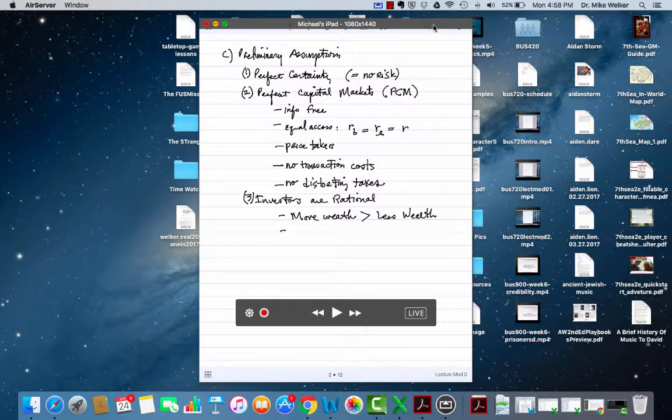We'll also say that investors want to have cash sooner rather than later. And furthermore, we'll say that the investors prefer less risk to greater risk.